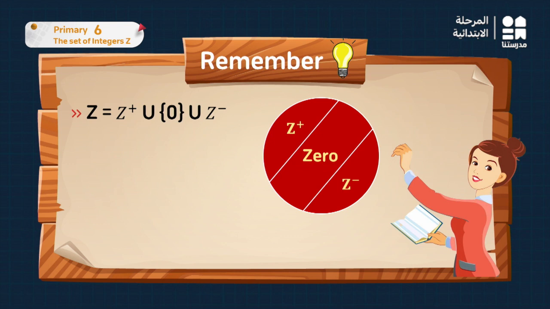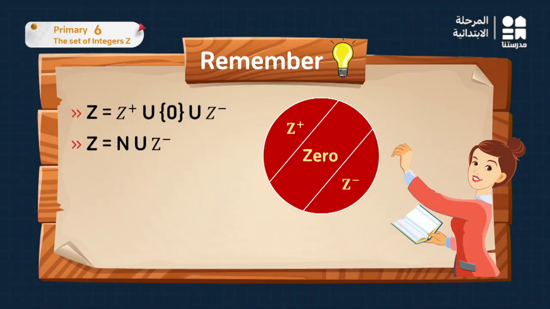So for Z, I have to know the order of it: Z positive, union, set of 0, union, Z negative. I can write Z negative, union, set of 0, union, Z positive, but I would prefer you to write it in the same order. Z equals natural numbers union Z negative.